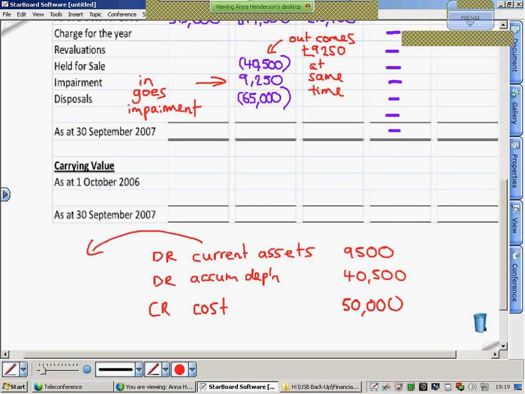Now, it is not part of the question, but this is just the step of held for sale. Essentially, you are stripping out the asset, and this non-current asset held for sale will appear in the statement of financial position.